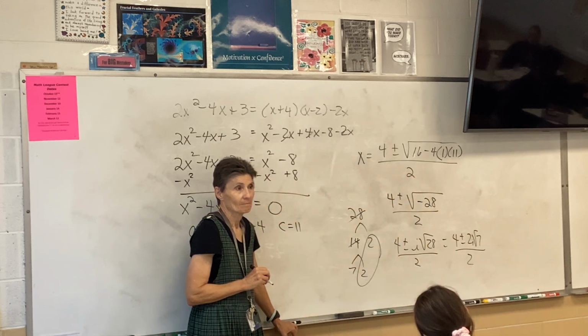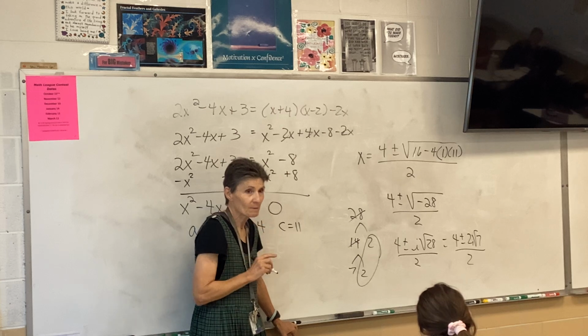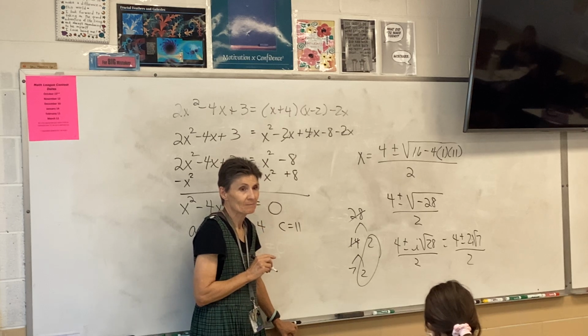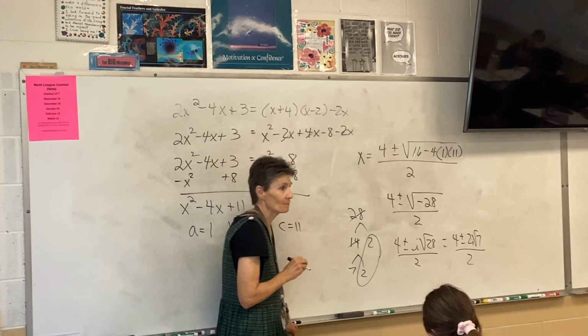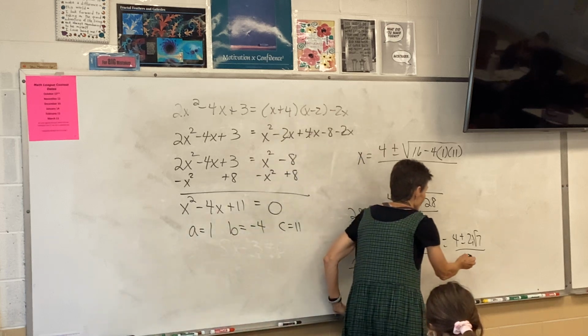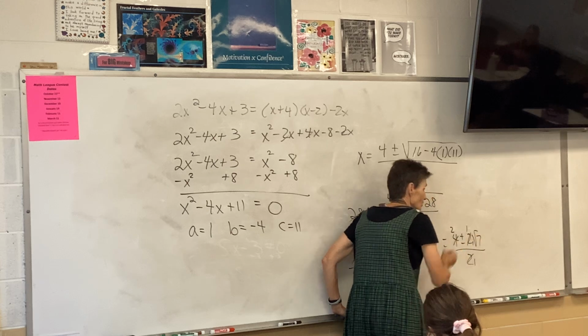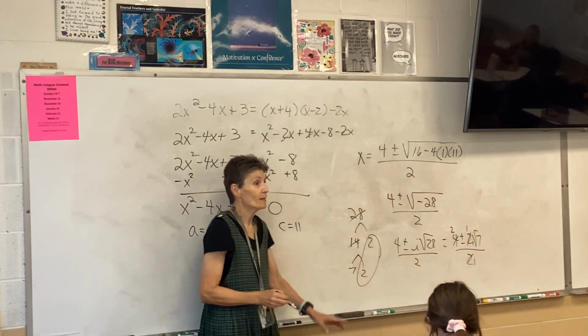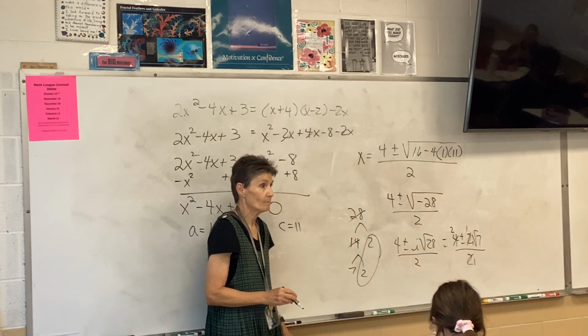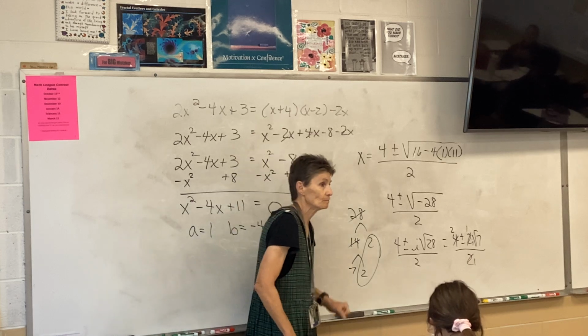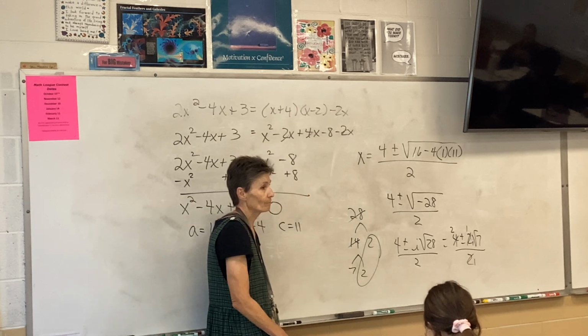Now, should you think about canceling? What can you cancel out now? 4 and 2. You can cancel 2 into 2, 2 into 4, 2 into 2. Don't do it unless you can do them all.